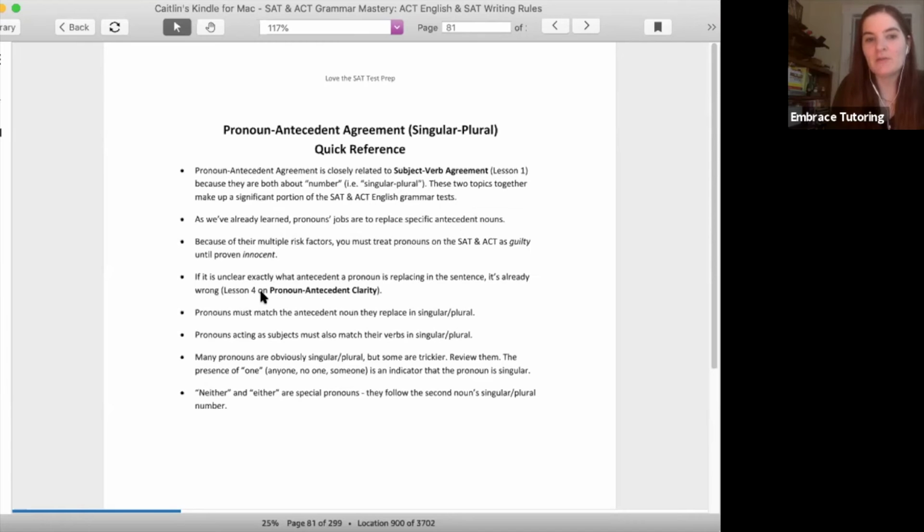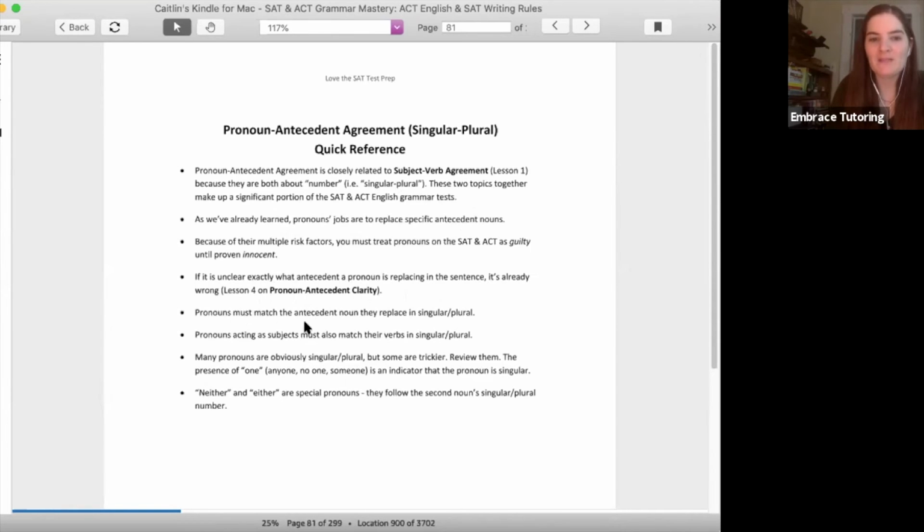Okay, so if it is unclear exactly what antecedent a pronoun is replacing in the sentence, it's already wrong. That's one good thing about these types of questions: if you're not sure what the antecedent is or what it's replacing, chances are there's already an error going on, and you have to figure out how to fix it. Okay.